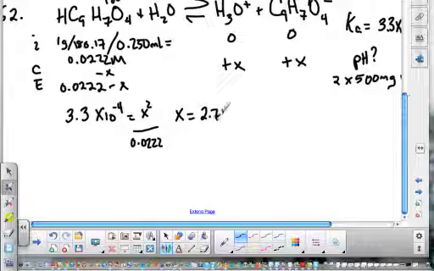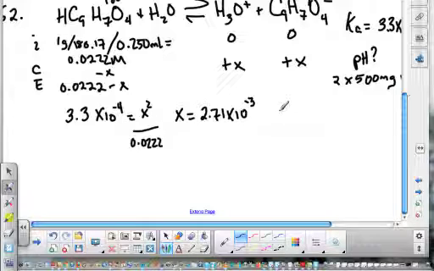This is how you decide whether or not you have done the right thing. If you haven't, you have to go back, take out the approximation, put the minus X back in, and end up using the quadratic formula. Take your X, which is how much you lost of the original. Essentially what you're doing is a percent ionization.